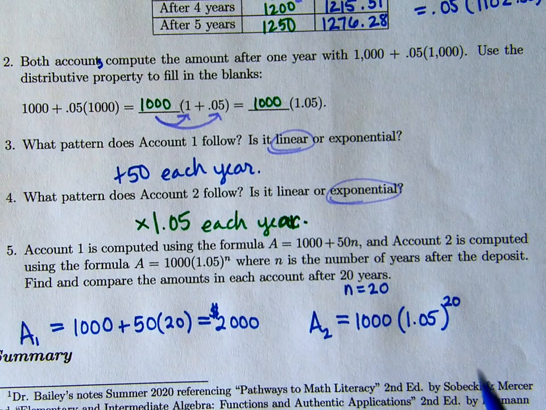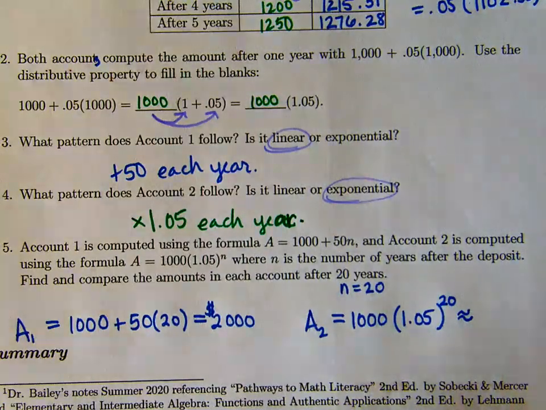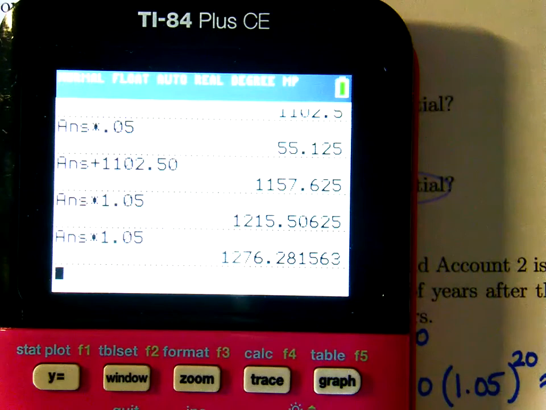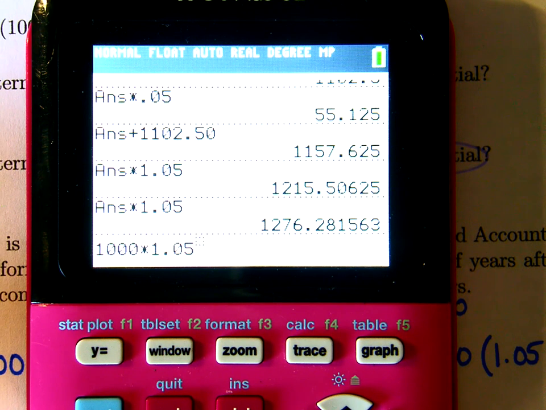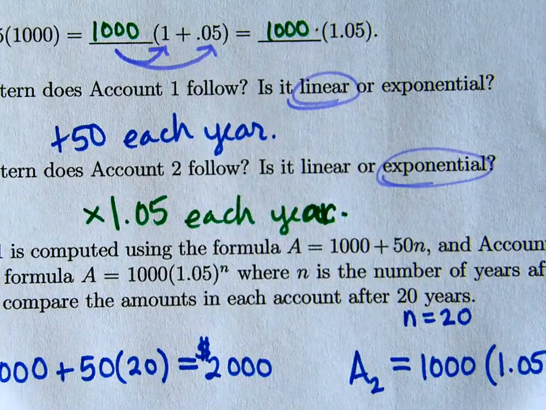Repeated multiplication. And that I definitely have to put into the calculator. Okay. 1,000 times 1.05, that was multiplied by it 20 times. $2,653.30 about.